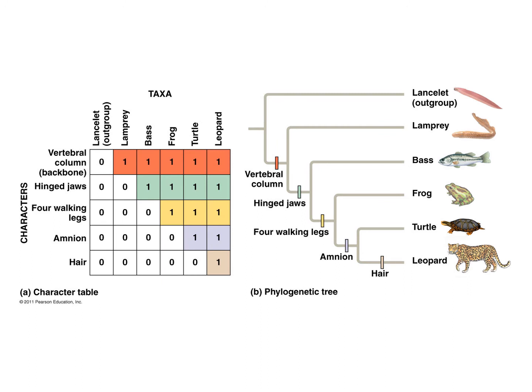So this is figure 12 in chapter 20, where we take our data matrix and we use it to build a tree. And of course, they have arranged the taxa and the data in such a way that this tree basically builds itself. But anyway, what we do is look for the highest number of organisms that share a character in the derived state. So we see that the vertebral column character is shared by all the in-group.